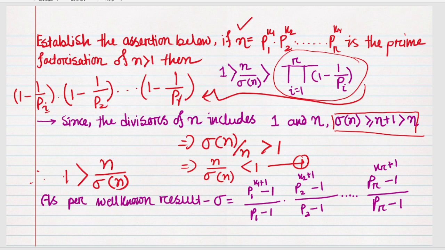As per our well-known result of sigma, which we already used in an earlier example to find the value of sigma, sigma is nothing but (p1^(k1+1) minus 1) by (p1 minus 1), followed by (pr^(kr+1) minus 1) by (pr minus 1).